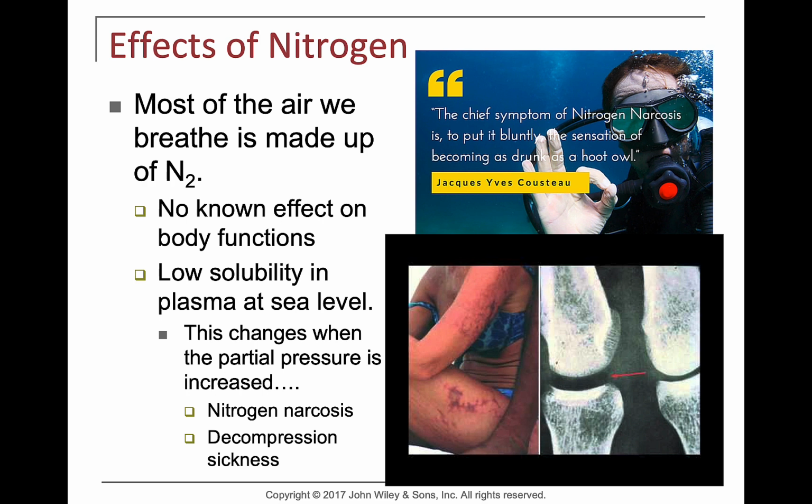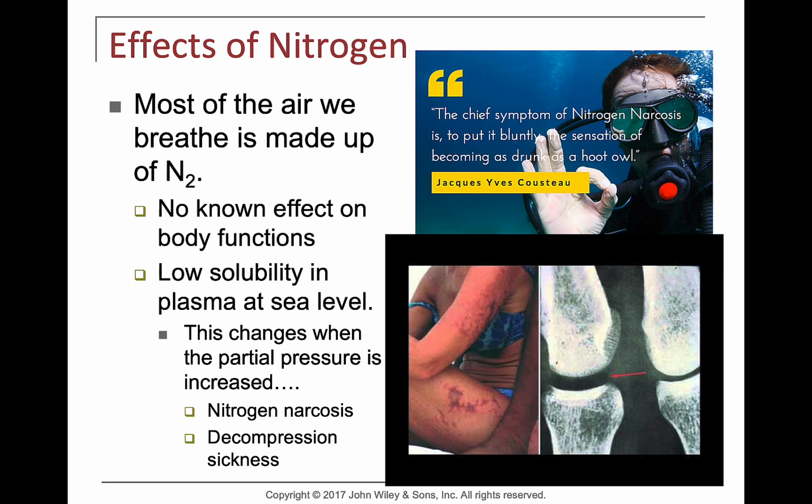Nitrogen has no known effect on body functions normally, but if you are scuba diving at a deep level and you force more nitrogen into your blood plasma, and you stay down too long, too much bottom time where you have too much nitrogen, it can cause something called nitrogen narcosis. Here in the top figure, we see a quote by Jacques Cousteau.